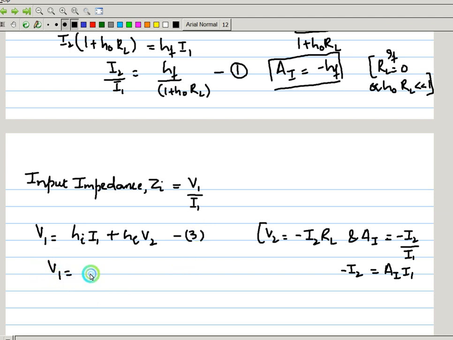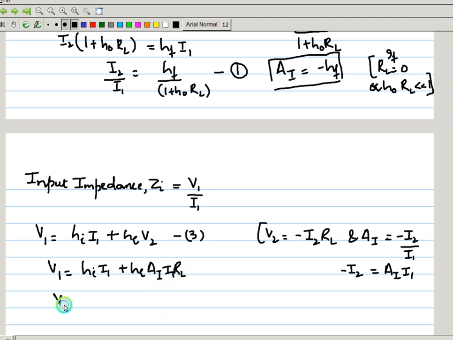We'll get V1 is equivalent to hi into I1 plus hr as it is. V2 is minus I2 into RL, but minus I2 is Ai I1. So we need to write plus hr Ai I1 RL, because we have substituted V2.